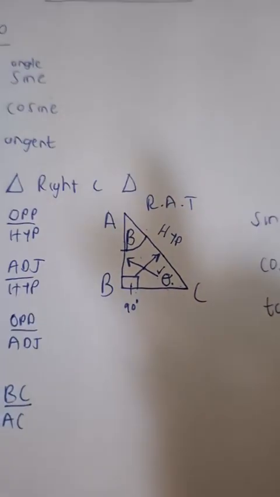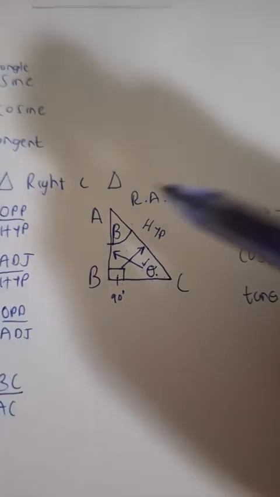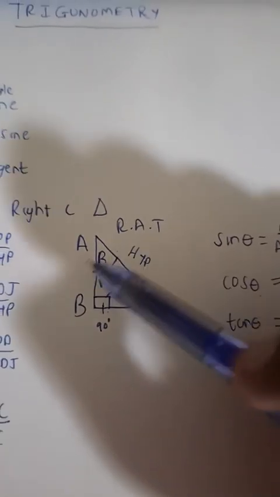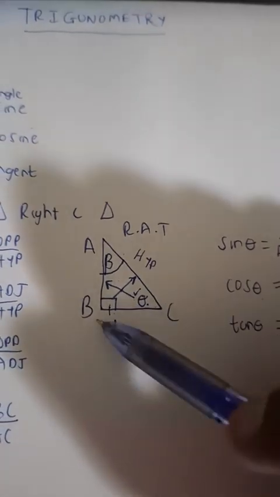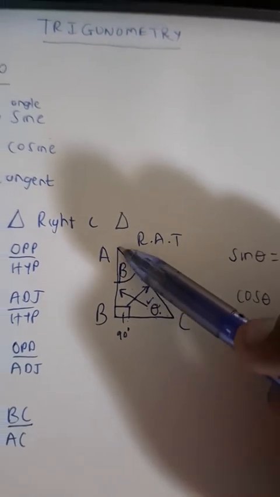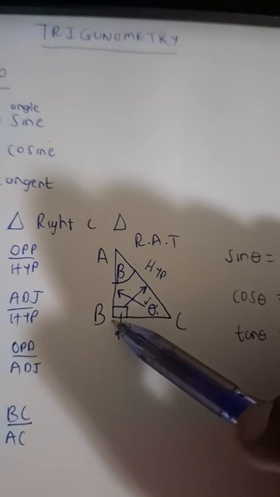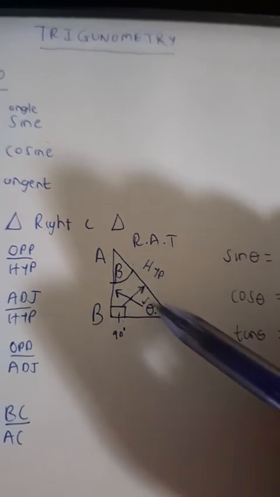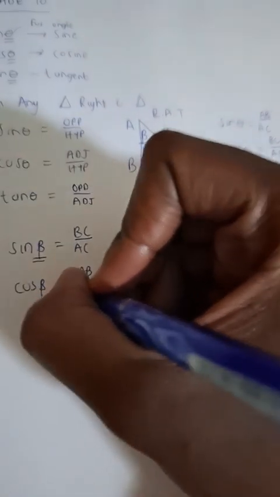Precious, you are spot on. So yes, the cos of angle beta would be AB, which is the adjacent side, because remember, the adjacent side is the side that is next to the angle. And then it would be AB over AC, the hypotenuse side. So yes, you are right, it would be AB over AC.